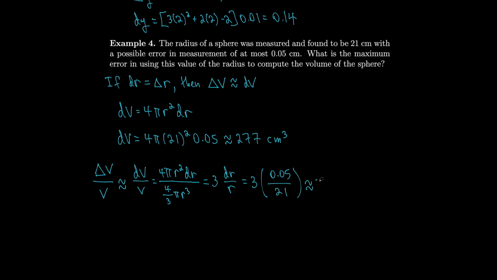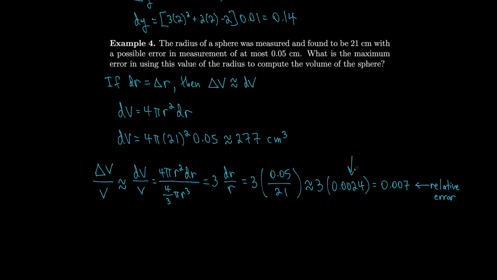which is about 3 times 0.0024. So that equals 0.007. So that means that this 0.007 is the relative error in the volume.